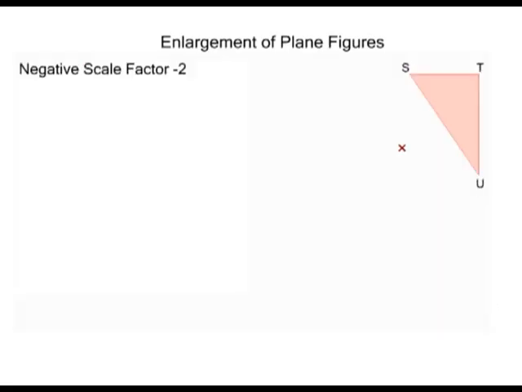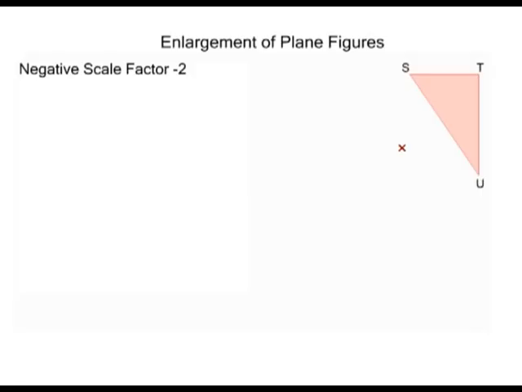Let us now do a negative scale factor. We do an enlargement of scale factor -2 about X. For negative scale factor, the image will come on the other side of the center of enlargement and will be twice as big as the object.